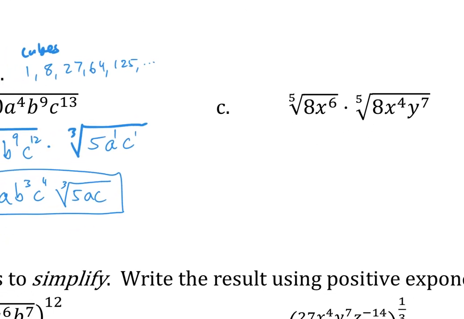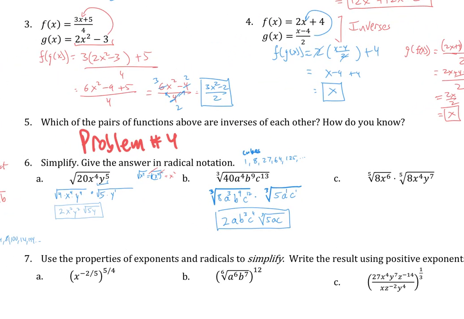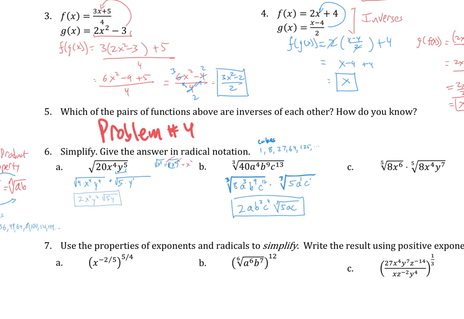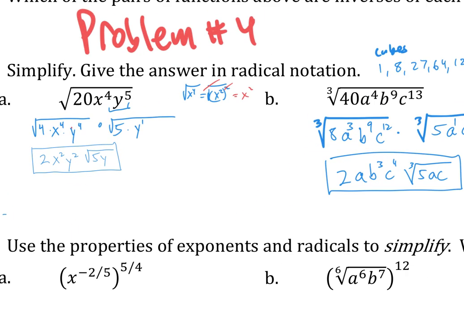Now, by the way, we should stop and think, do these need absolute values? All right. Now, there's not a reminder here, but we do need to watch out for absolute values. When do we need absolute values? Well, let's make a note right here.